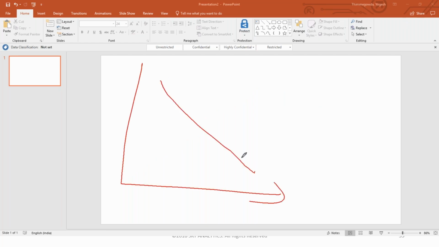If you have a line like this, and your data points are like this, then it is called strong negative correlation.